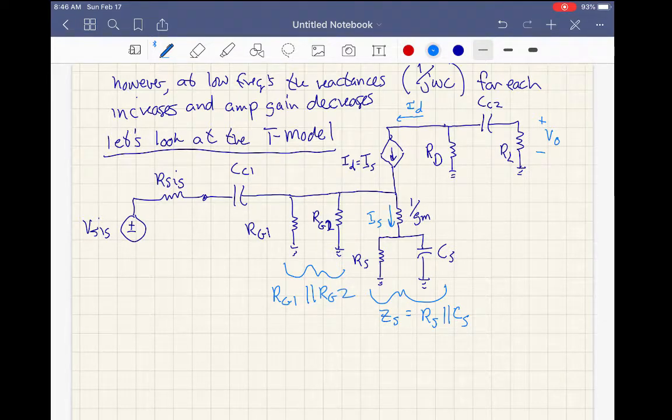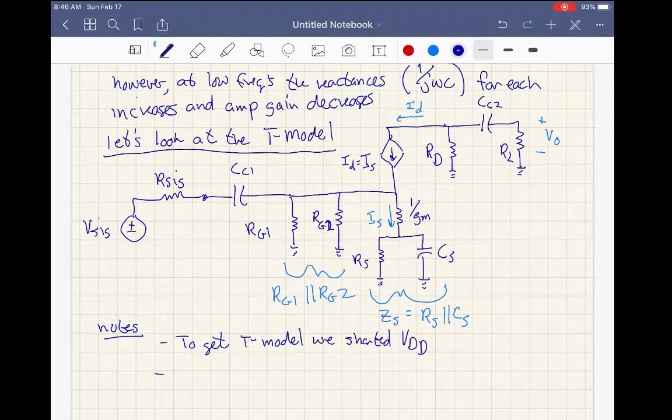Okay, and just a couple notes here. Again, this is a little bit of review. To get the T-model, we shorted VDD.